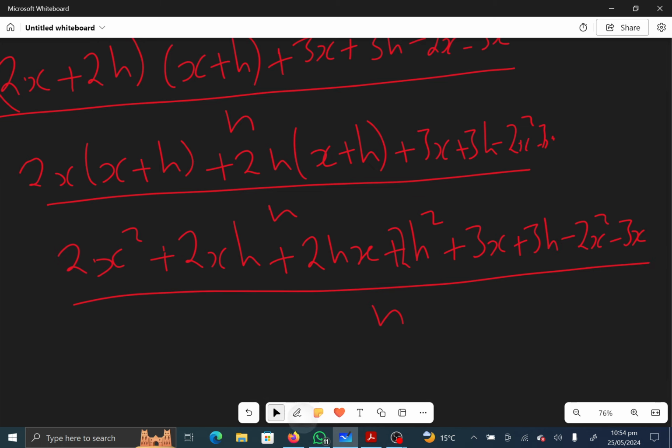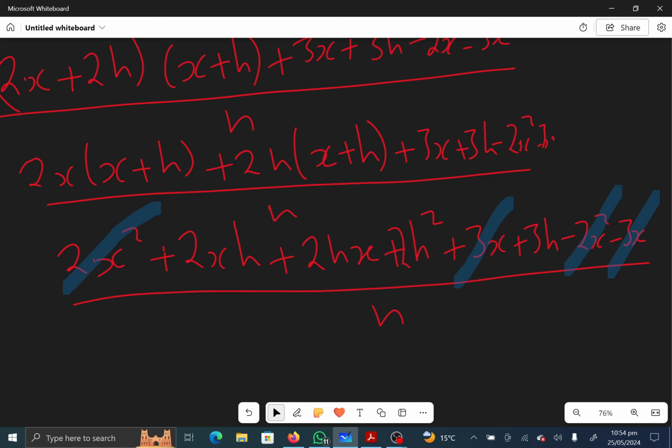So since here we have common variables, we shall cancel the like terms. So the 2x squared will go with the 2x squared. Then the 3x will also go with this 3x here.